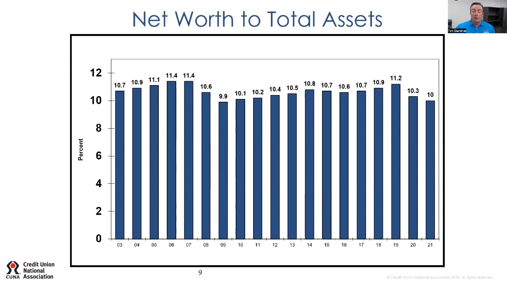So just understanding again some of the things that go on when you're looking at your actual credit union, you want to see when the net worth ratio changes, is it because assets have grown faster, the denominator has grown faster than the numerator, or has the numerator grown faster than the denominator? You could also start to think about, well, what does the net worth ratio mean to my credit union?